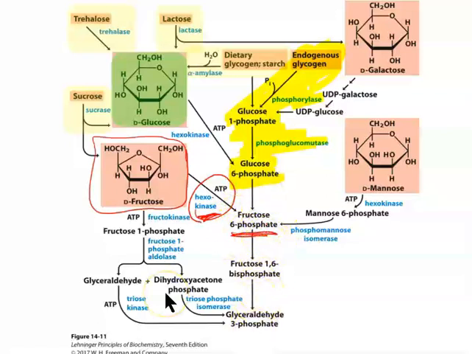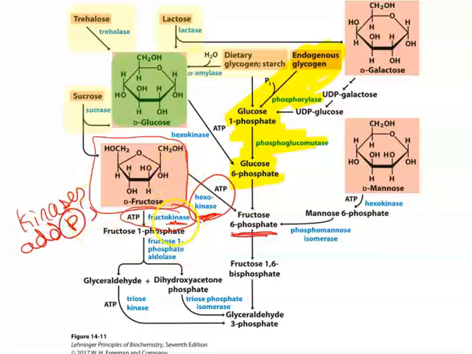There is a second way that fructose can enter into glycolysis, and that is through the action of fructokinase. Kinases add phosphates, and fructokinase can form fructose 1-phosphate from fructose. And so we're going to be adding a phosphate here, right?